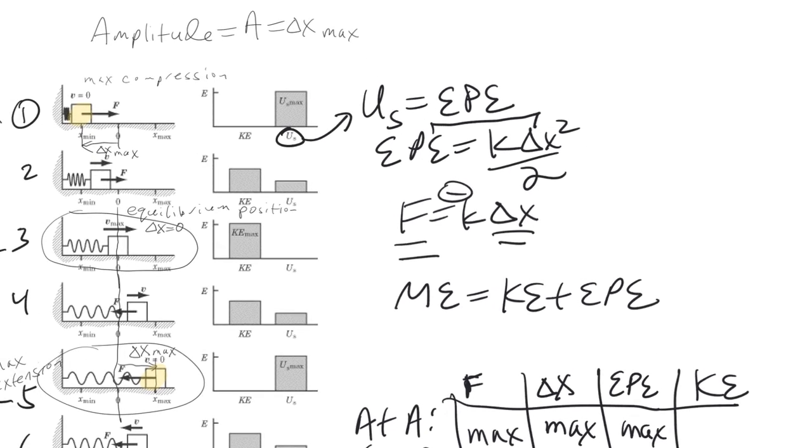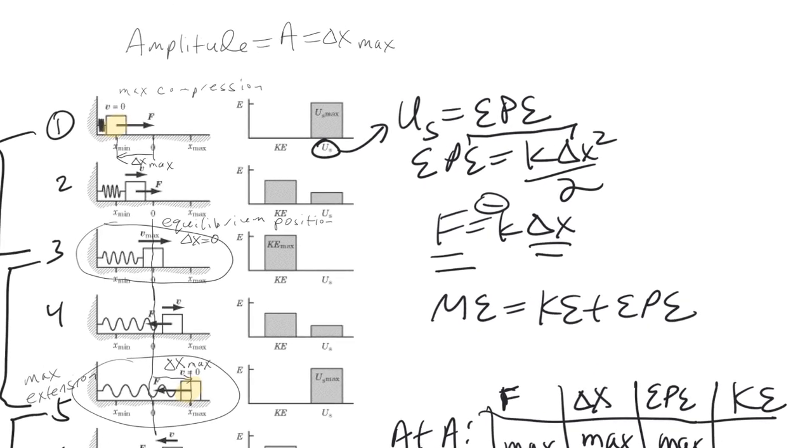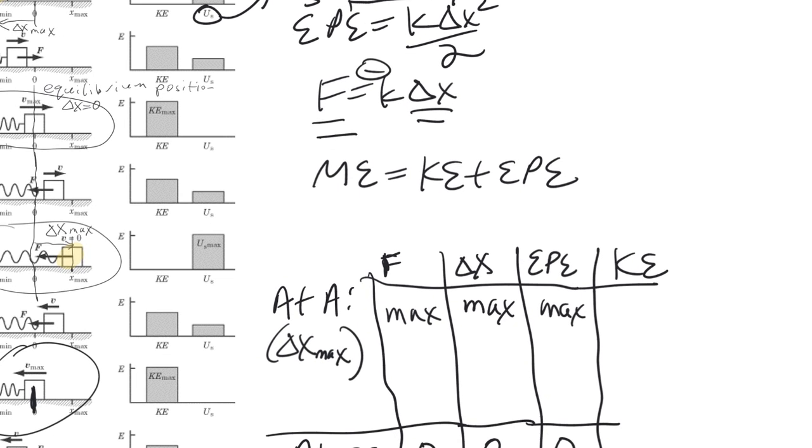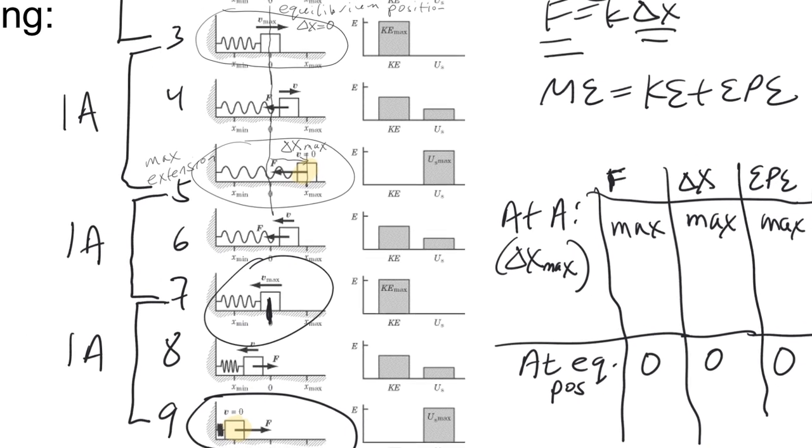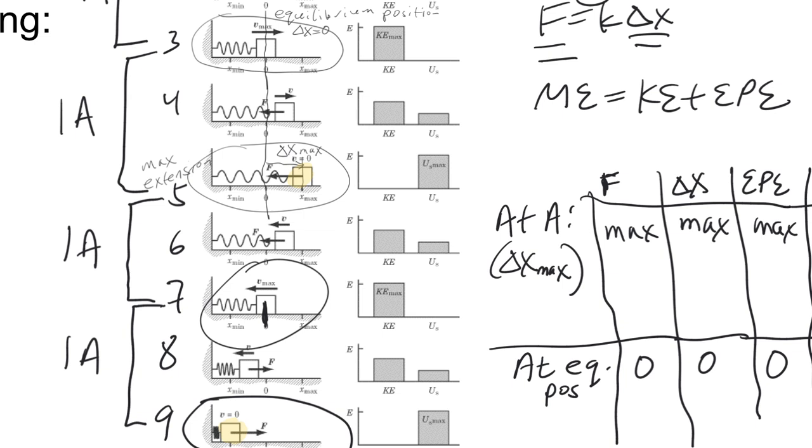K is kinetic energy, the energy in motion. Well, at the amplitudes, you're at rest because you have to turn around. So KE is 0 at the amplitudes, but KE is maximum at the equilibrium position. Okay, so you can see that.